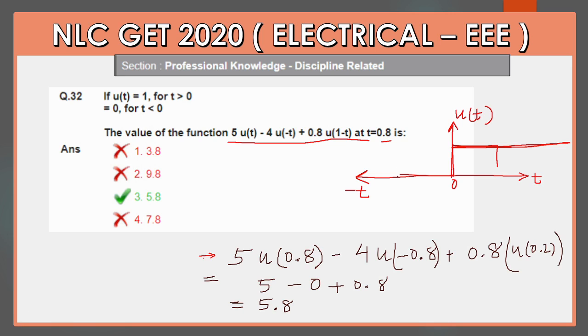For positive values of t, it will be 1. For negative values of t, it will be 0. So here 0.8 is positive, so 5 into 1. Minus 0.8 is negative, so 0. 0.2 is positive, then it is 1, so 0.8. So finally it will be 5.8.